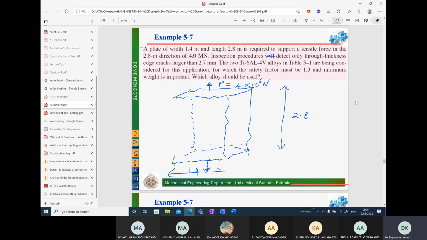In that case, I have to provide some gap here to identify the crack. So let's see. I'm going to identify the crack with a V here.